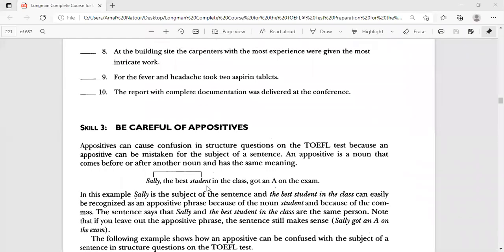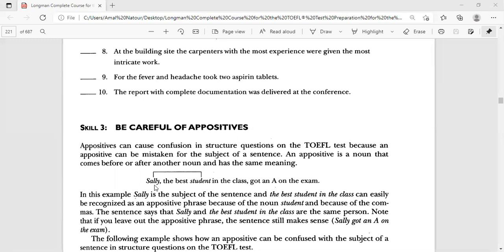Here, where is the appositive? The appositive is here. It is preceded by a comma and followed by a comma. This appositive is a noun that can come with a comma before or after. Here it comes after the subject and it gives more information about the subject.